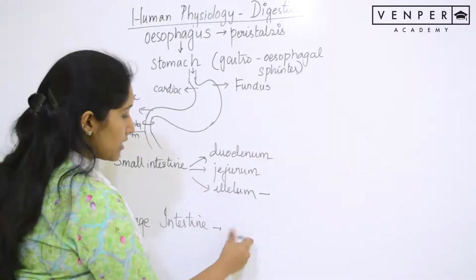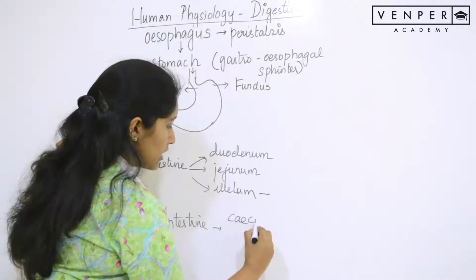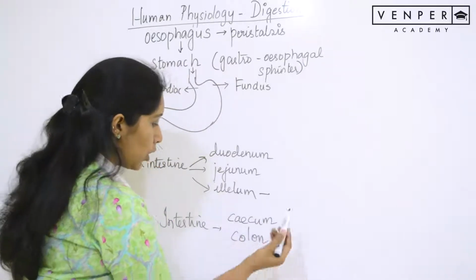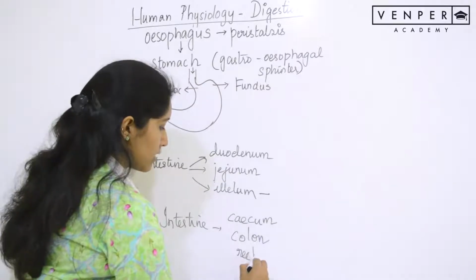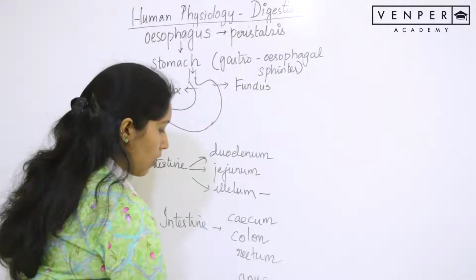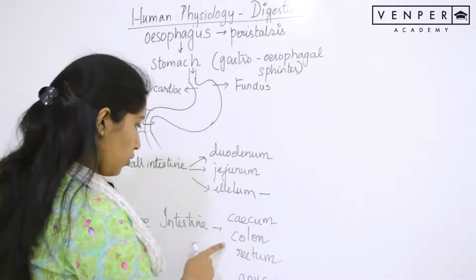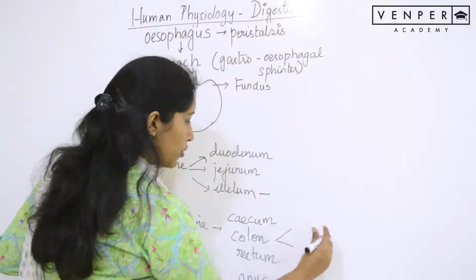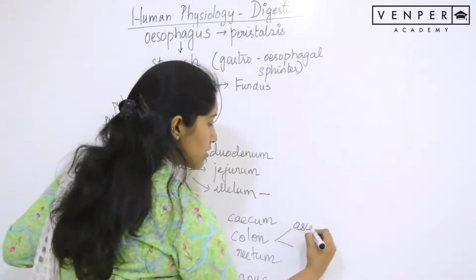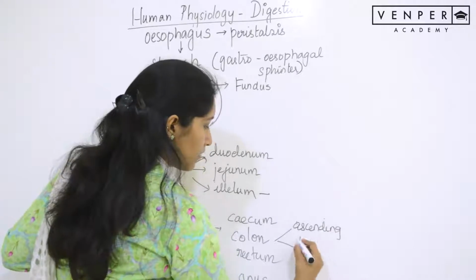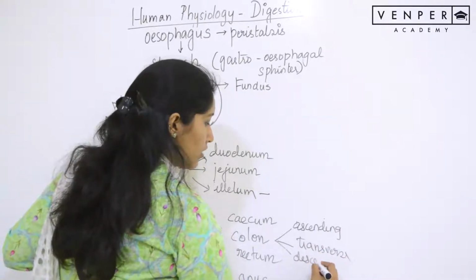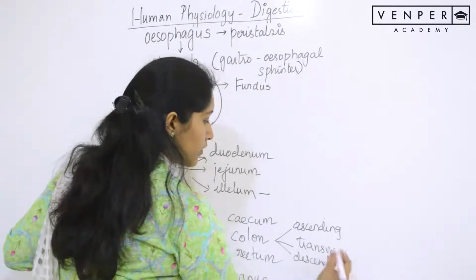This transition occurs in the cecum. It is followed by the colon, the rectum, and the outermost opening, which is called the anus. In your colon, you have three sections, which are called the ascending, transverse, and descending colon.